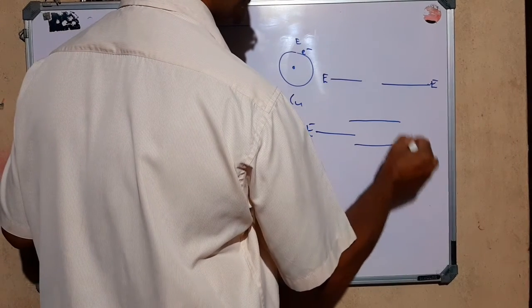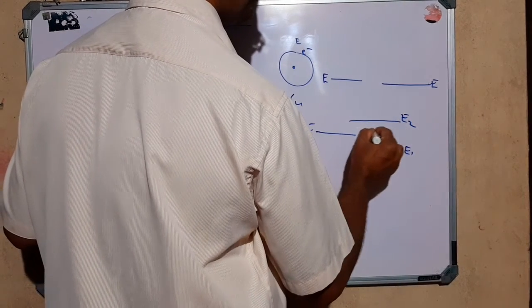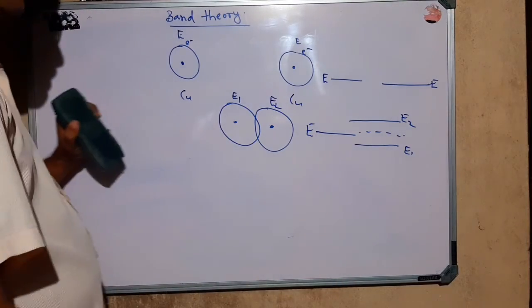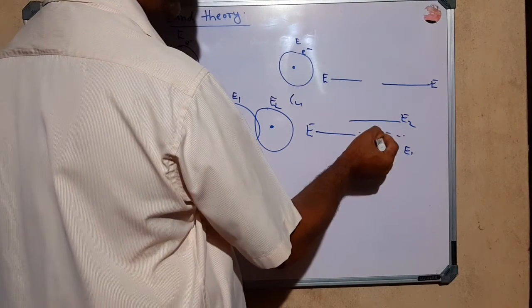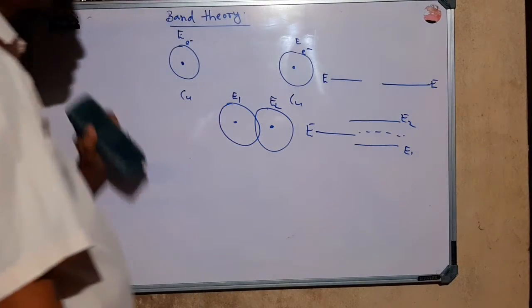This is E1, this is E2. That is, delta E amount decreased, delta E amount increased.